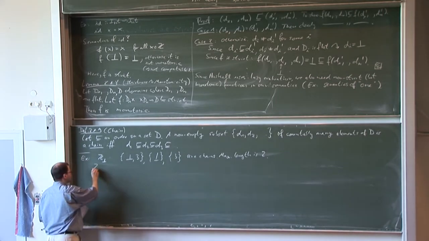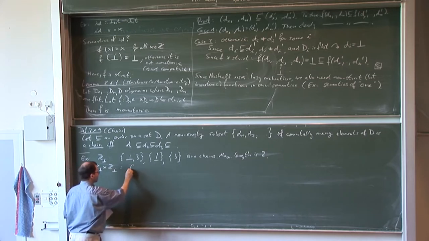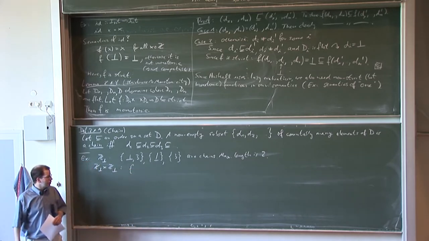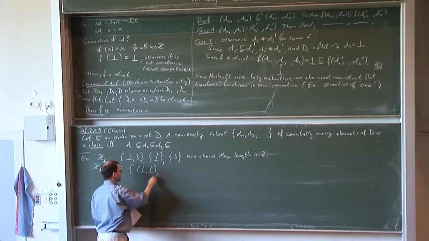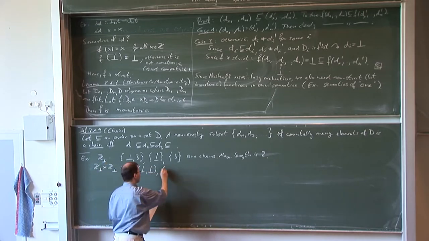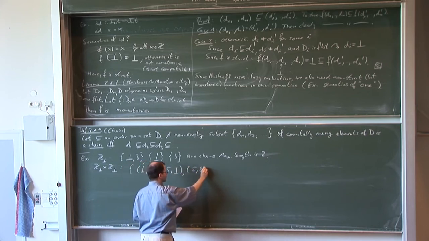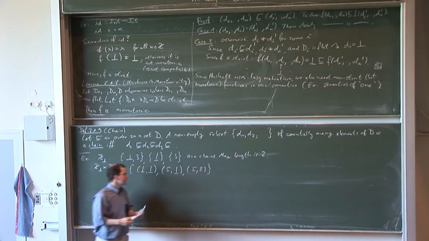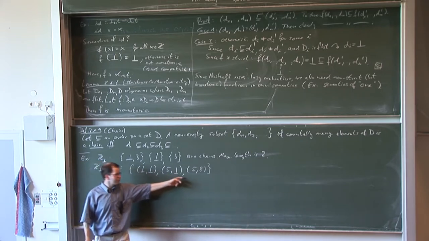Now in Z bottom cross Z bottom, it's a bit more interesting. Now here we have chains, for example, like this. First element is bottom, bottom. Next element is 5, bottom. And the last element is 5, 8. Now again, this is a chain because this is less defined or equal than that, and this is less defined or equal than that.